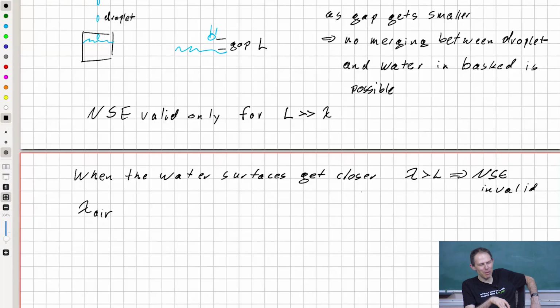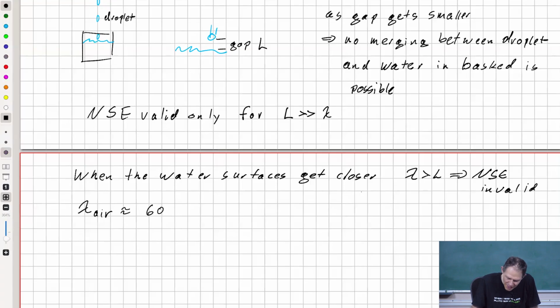So now he came up with a number here, roughly, out of his armchair. So what is this number? Any idea? Give me a number. 10 to the minus 8. Yes, it's correct. It's 16 nanometers.